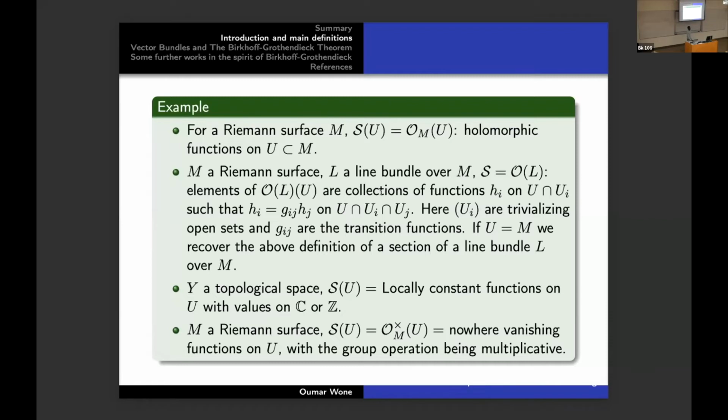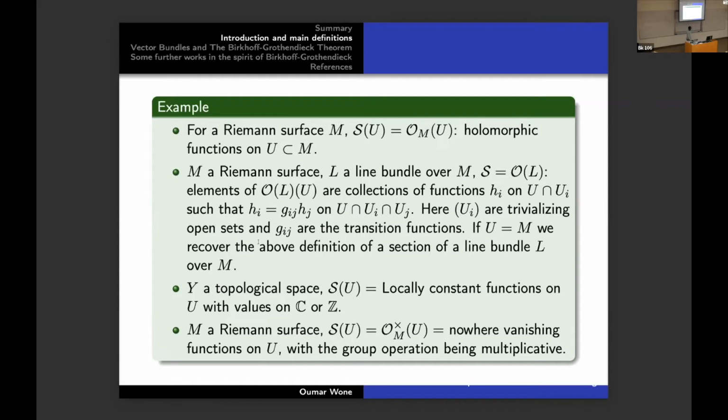It is a collection of functions h_i on U intersected with U_i, such that we have this relation h_i equals g_ij h_j on this intersection. And here the U_i are trivializing open sets, and g_ij are the transition functions. And if we take the open set U equals M, we recover the way we define a section of a line bundle.